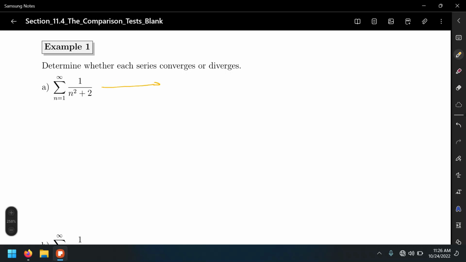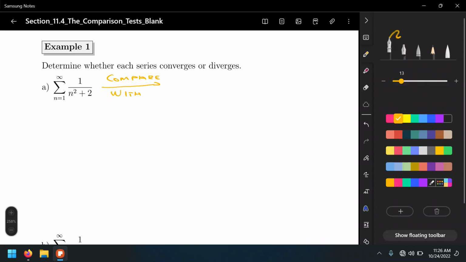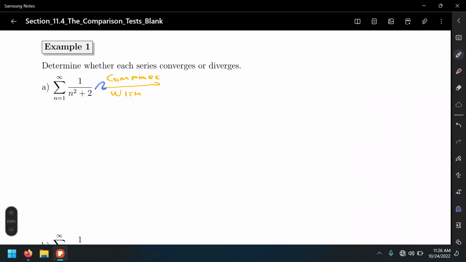So, compare with, and in this case, let's neglect this 2, because that 2 is lower in degree than n squared. In fact, it's degree 0, it's a constant. So this looks like the series sum from n equals 1 to infinity of 1 over n squared.